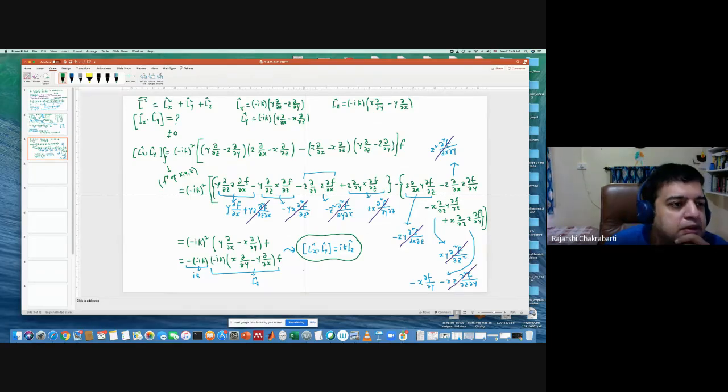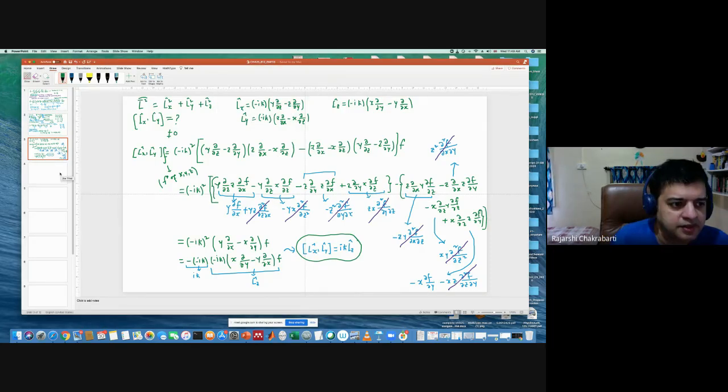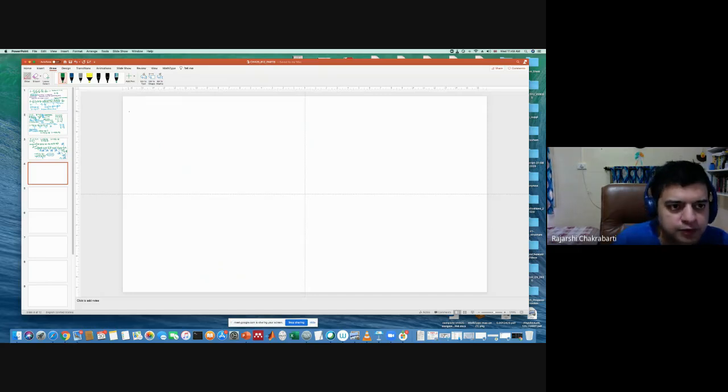It is not very difficult to show that since Lx and Ly do not commute, and Lx, Ly is iħ Lz, then what will be, say, Lx, Lz? Can anyone tell me? This is iħ Ly.